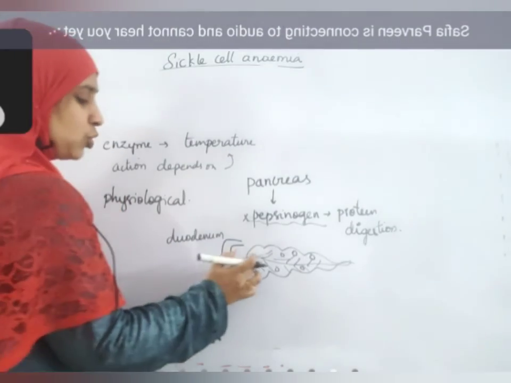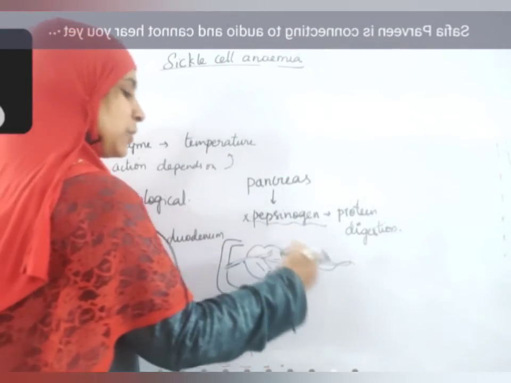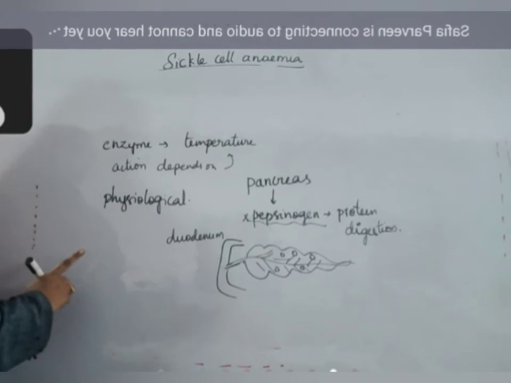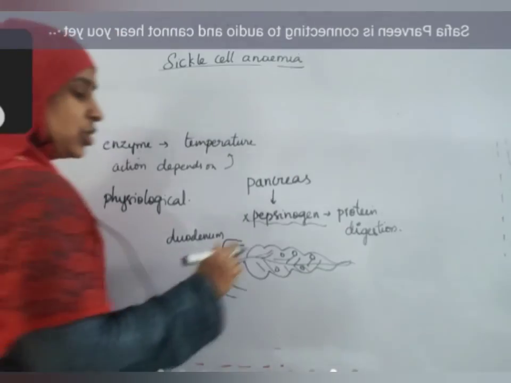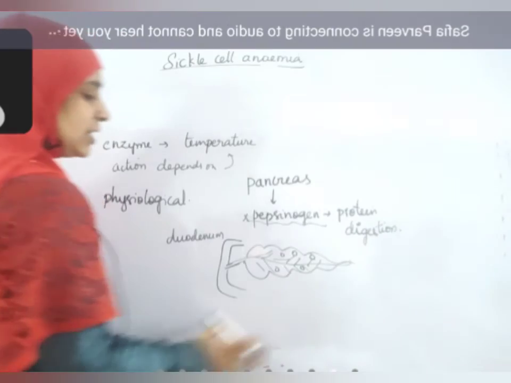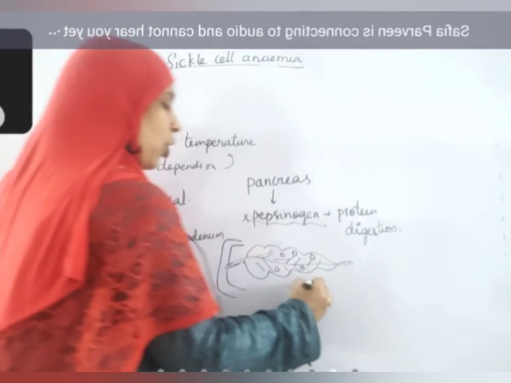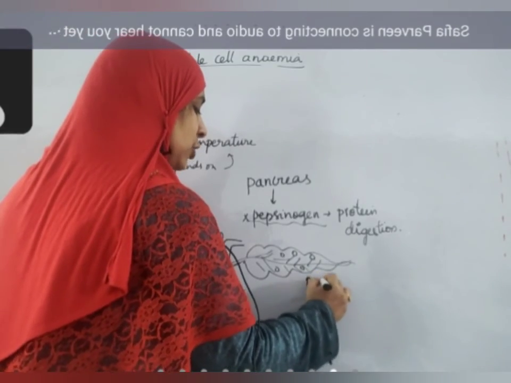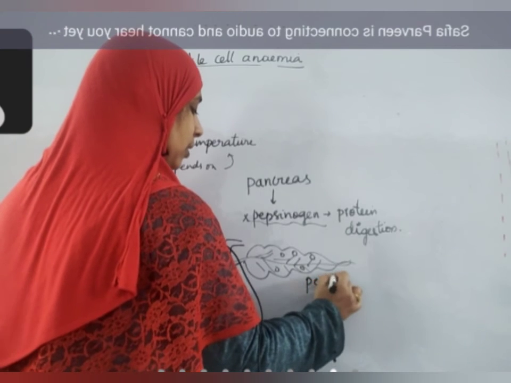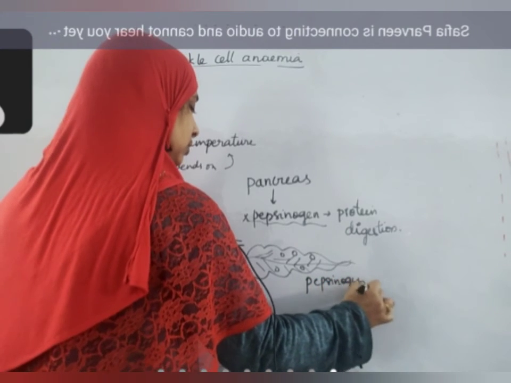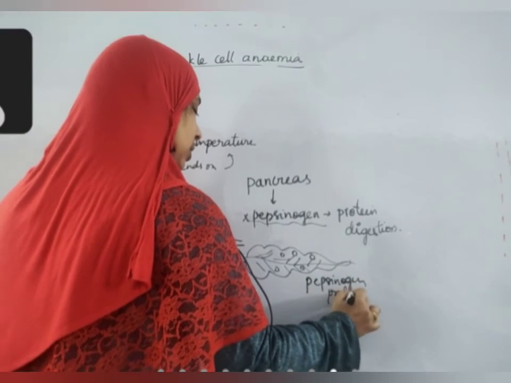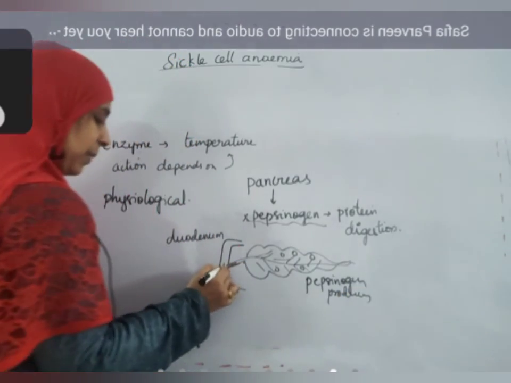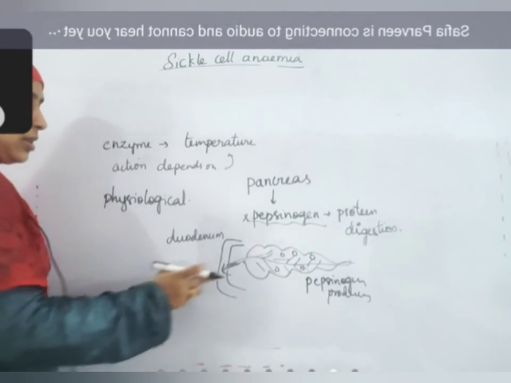At that time, pepsinogen also enters the duodenum. So what happens as a result? The amount of pepsinogen is decreased. So again our body will start producing pepsinogen, once the pancreatic juice has entered the duodenum.